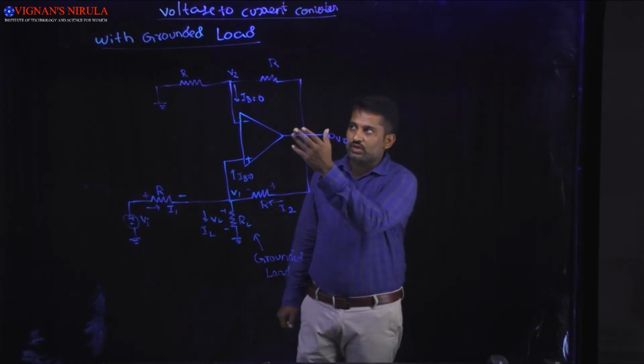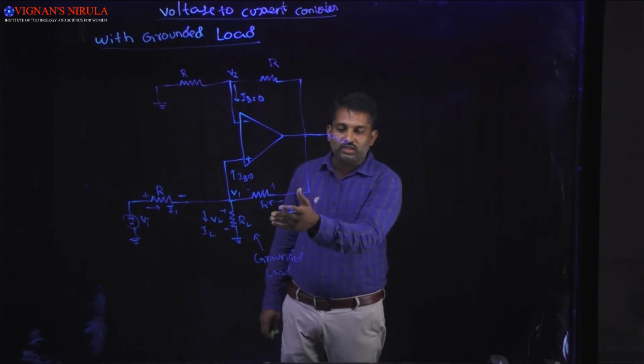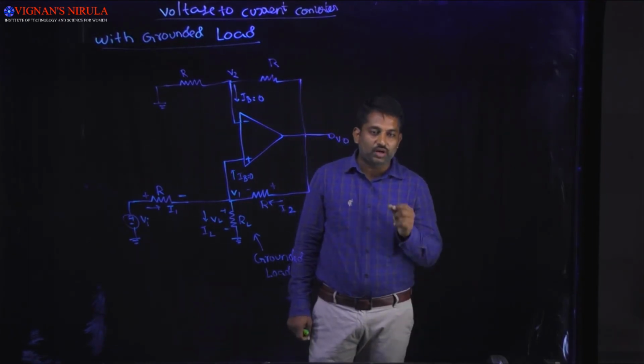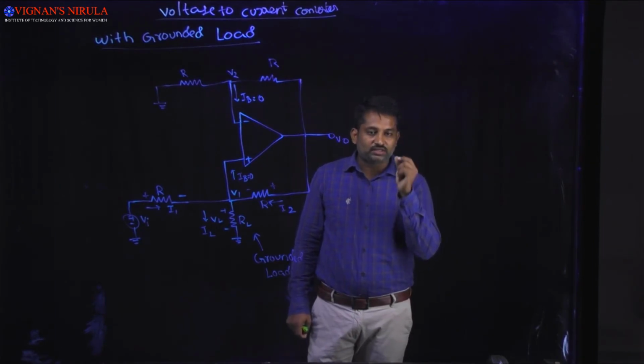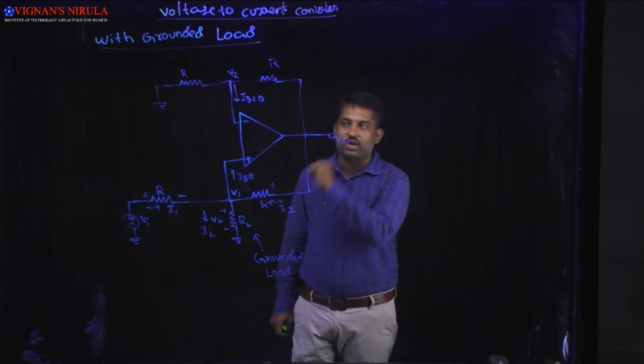That's why we are calling it the grounded load, and we have not included the load resistance in the feedback path. Why? Because once the load is connected to ground, it is no longer possible to place that load in the closed loop of the op amp.